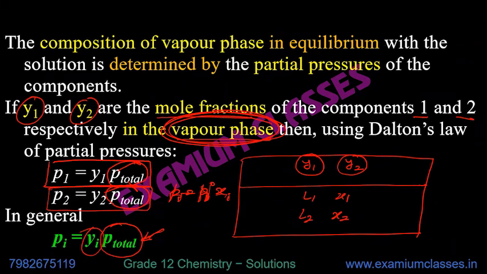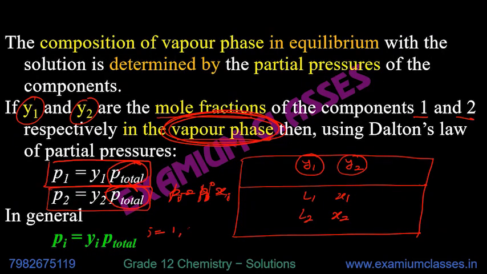Where is P in written? Pi. Okay, it is the generic form. Basically, i can be 1, 2, 3. So if you have 3, 4 components, P1 will be equal to Y1 P total, P2 will be equal to Y2 P total, P3 will be Y3 P total.